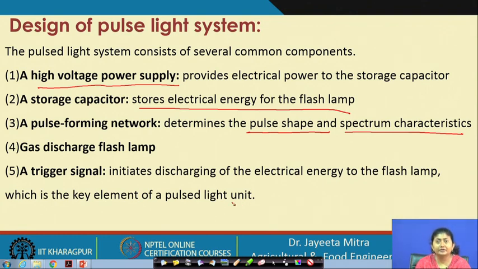Now, when we have a lamp of the inert gas and we initiate the discharge of the electrical energy, then the electrons will interact with the atoms of the gas and they produce high intensity white broad spectrum light that helps in the inactivation of microorganisms, and that is generated for a very small duration, as we mentioned, in the millisecond to the microsecond range.